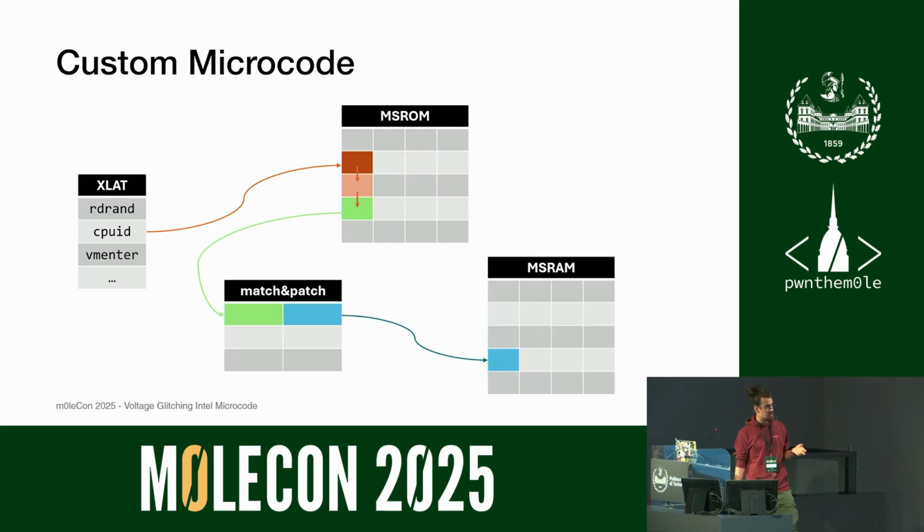Whenever you patch something, though, you have another set of registers called match and patch registers, where you can write an address that you want to be patched, and then the destination you want to jump to whenever you hit this specific address. So essentially, you write your own custom microcode by patching away the implementation of something like CPUID, and then you write your own custom microcode in the RAM.